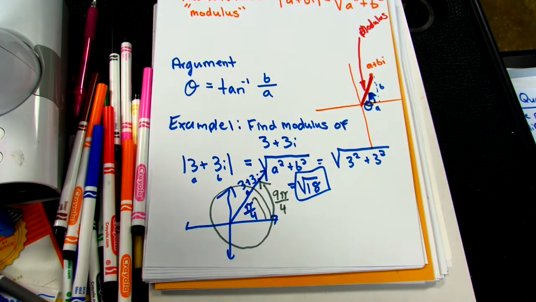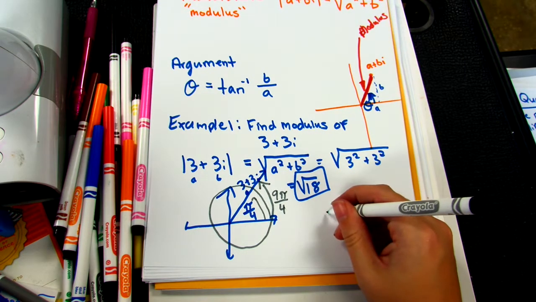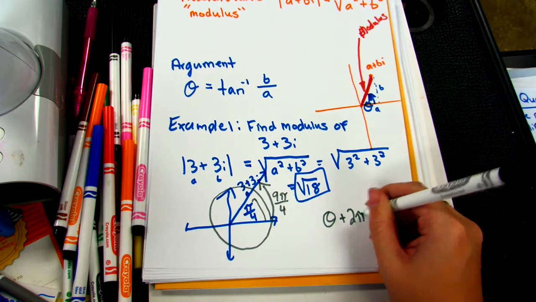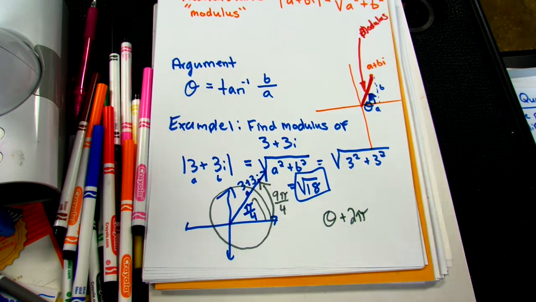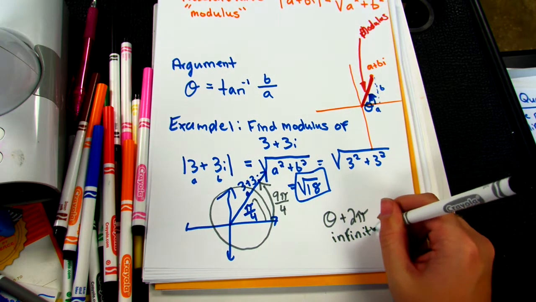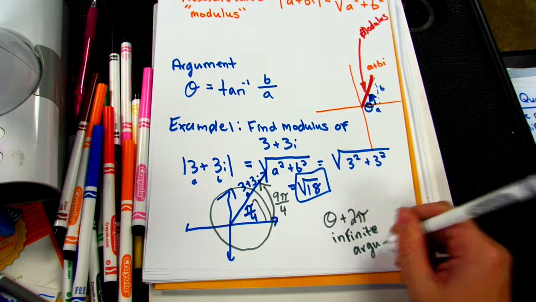They're always equal. So in order to get more angles, all you have to do is take whatever your argument is plus 2 pi, and you can keep going and going. In fact, you can go on forever, right? Infinite arguments.